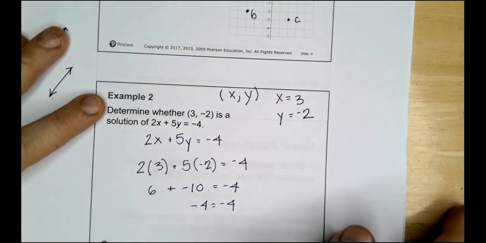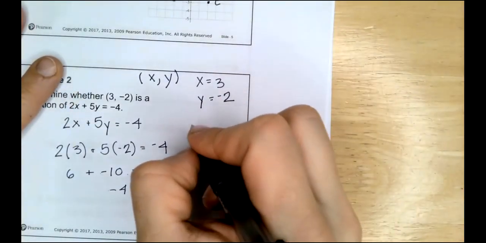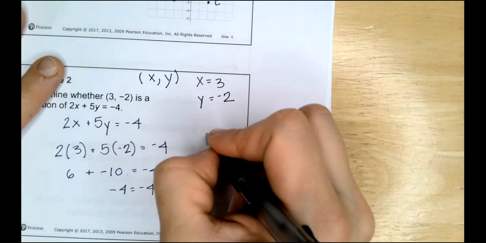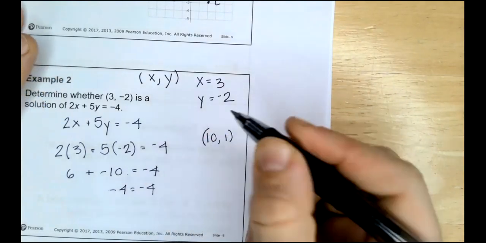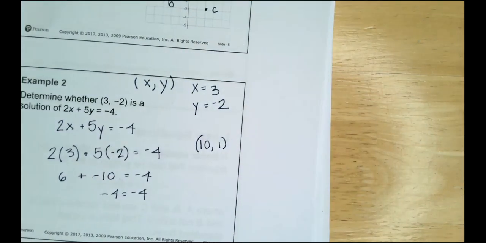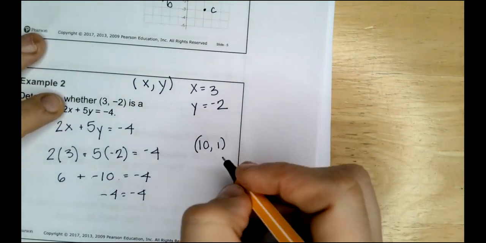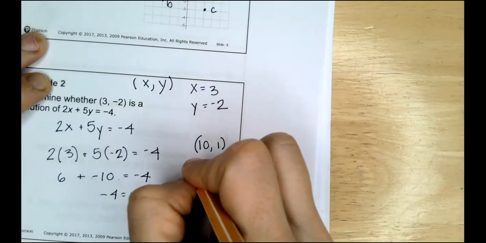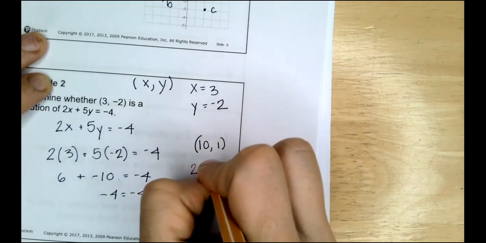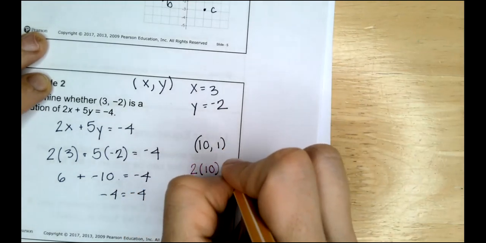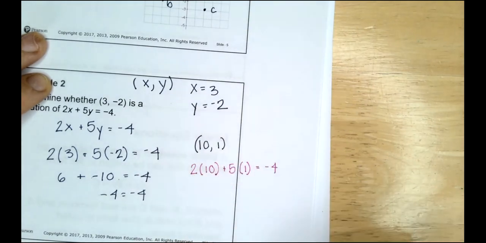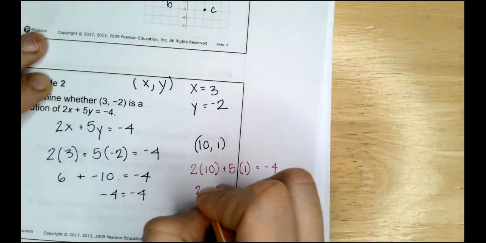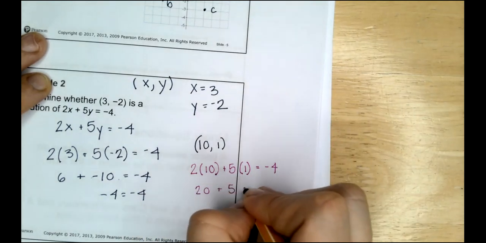If I chose the point 10, 1, is that going to be a solution of 2x plus 5y equals negative 4? 2 times 10 plus 5 times 1 equals negative 4. What do you think? 2 times 10 is 20. 5 times 1 is 5.